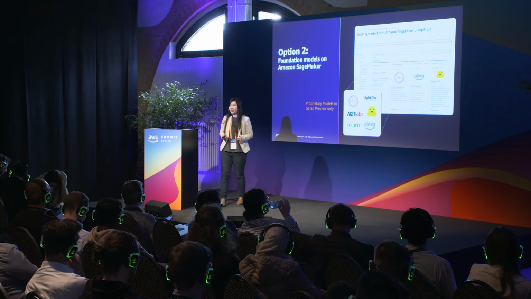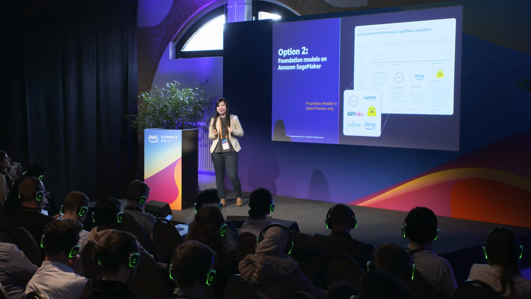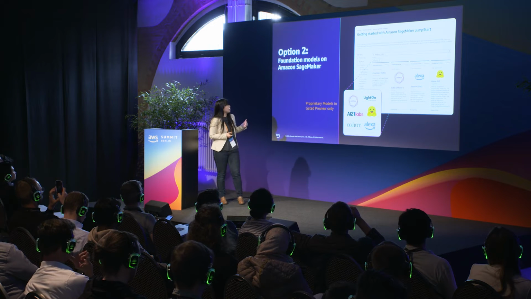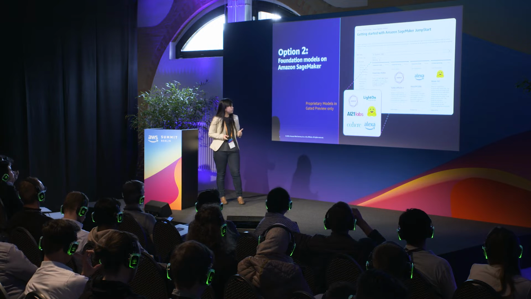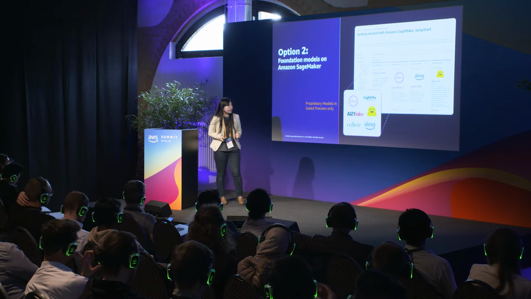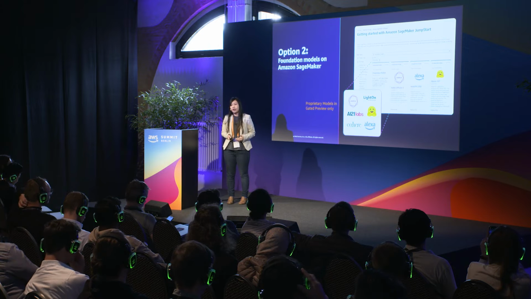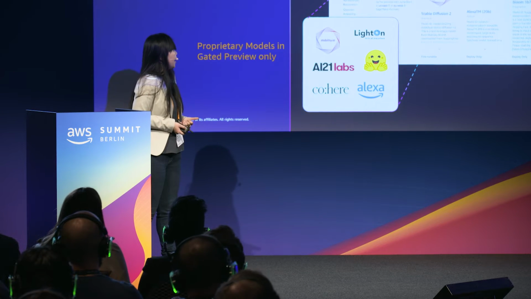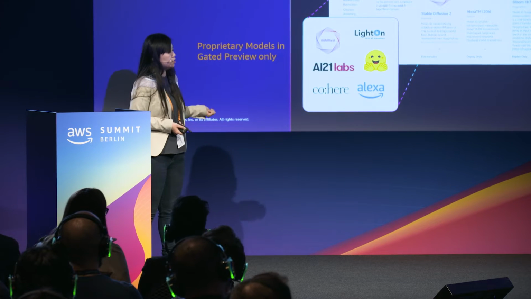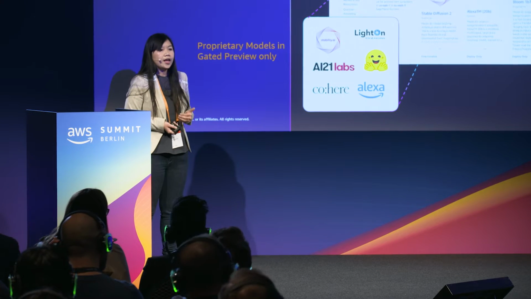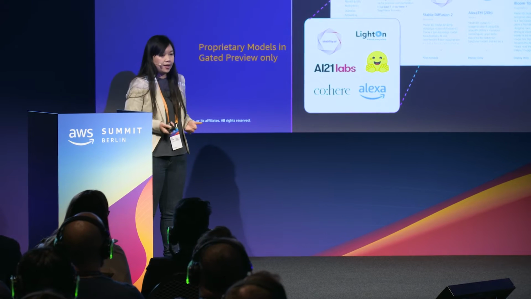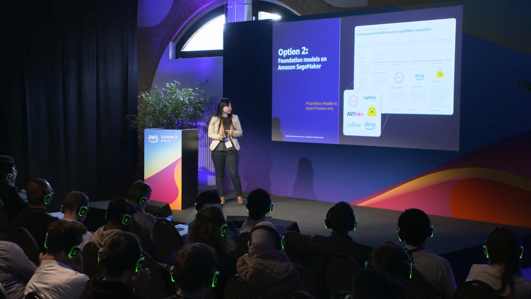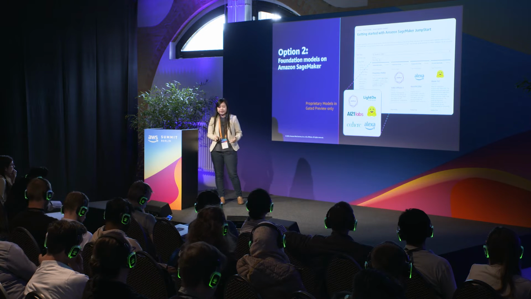Now, I know a lot of our startup friends are a hands-on group, so you probably will be more interested in this one, running foundational models on Amazon SageMaker JumpStart. On JumpStart, if you log in with the AWS Console, you already see a list of models that are available that you can use. You can just choose them and host them with the instances that are available in your region and try out different generative AI use cases like text summarization, question answering, and also text to image generation, things like that.